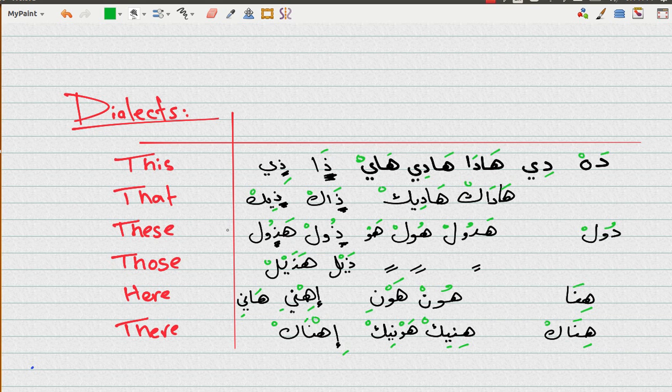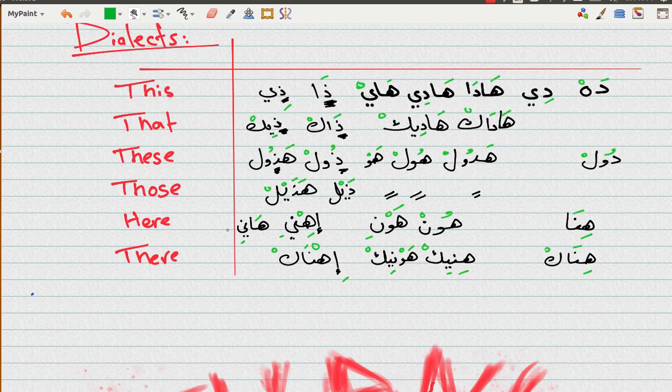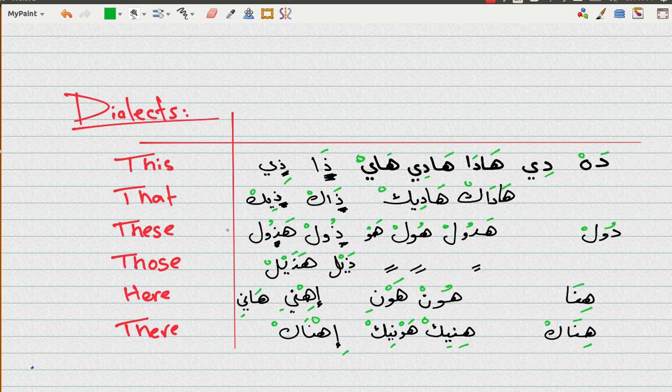So here I'm going to list, for what I know, all the demonstrative pronouns or أسماء الإشارة that are modified in dialects. Okay, so bear with me, this is just for your information. They're not written in Arabic. You should never be reading these unless they're the same form as standard Arabic, but you might be hearing them.